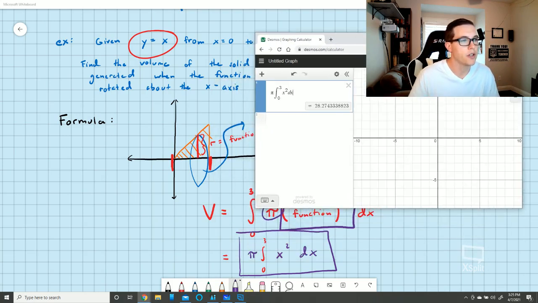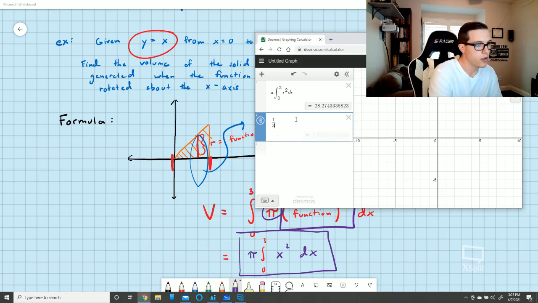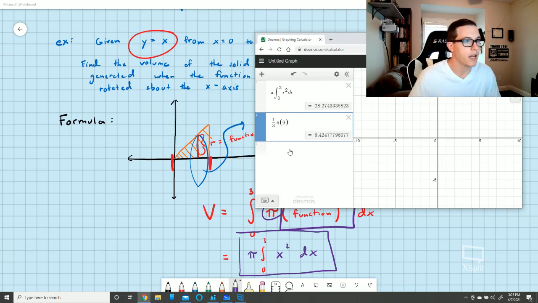Now, in case you didn't know this, the volume of a cone has a formula. It's 1/3 pi r squared h, and the r is the biggest piece of the cone, so that's 3. So 3 squared, which is 9, times h, and h is the height, so times 3. Same answer. So I always like this.